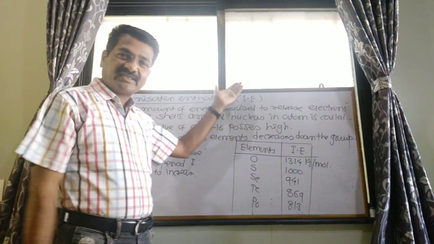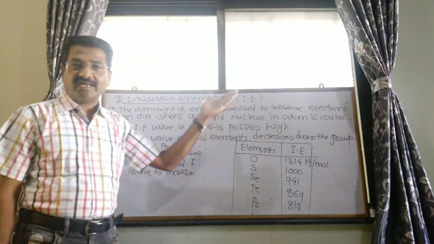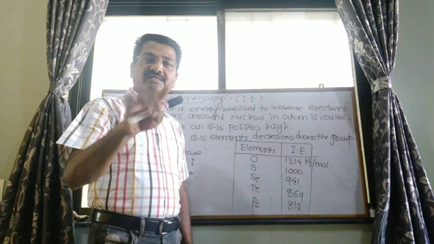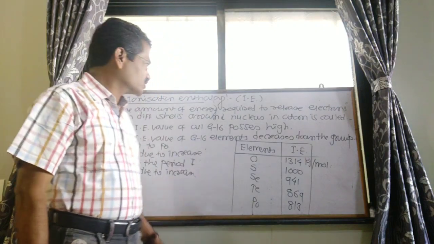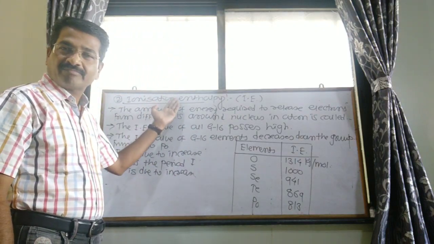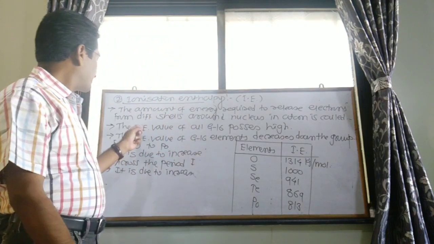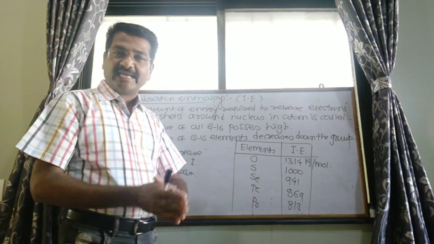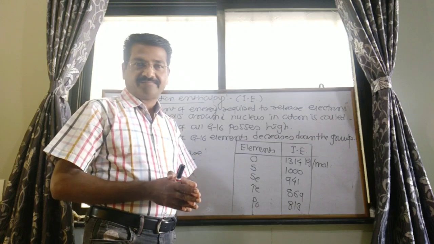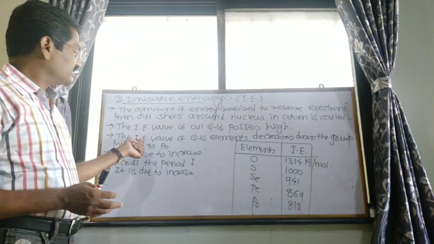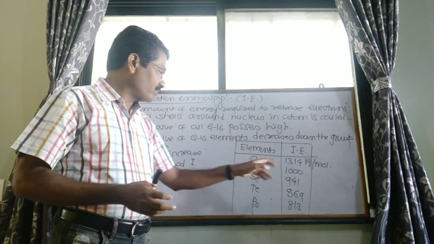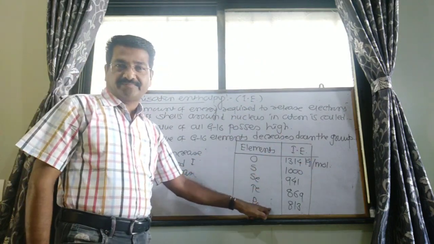Then ionization enthalpy, the second point. What about the ionization enthalpy? The amount of energy required to release the electrons present in different shells around the nucleus is called ionization enthalpy. And what is the trend? The ionization enthalpy value of all G16 elements is high, but it decreases down the group from oxygen to polonium.